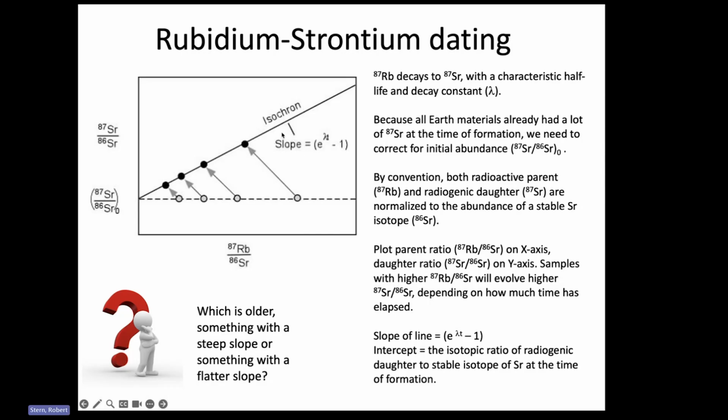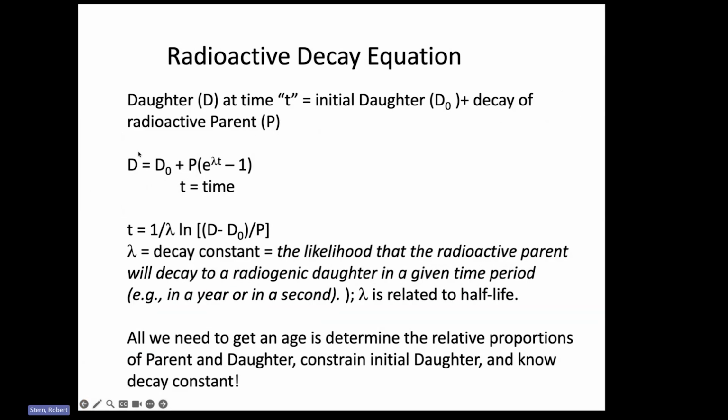And the slope of this line gives you the answer to your age, because the slope is equal to e to the lambda t minus 1, right? If you look at this equation, that's just a very simple equation of the form y equals mx plus b, right?